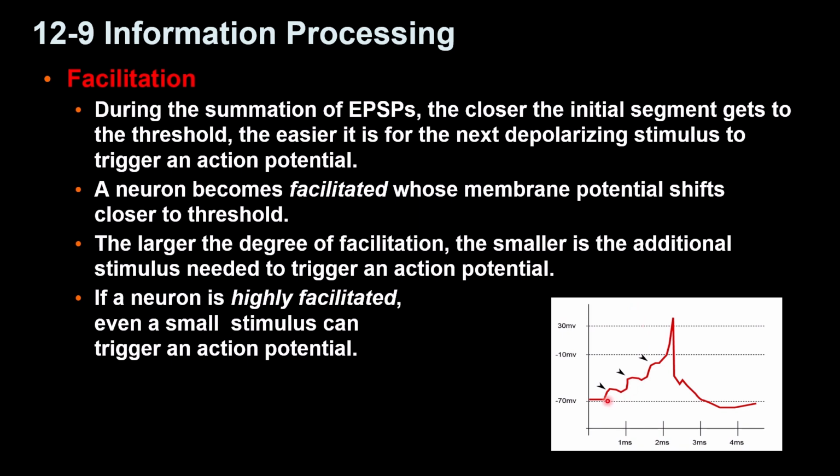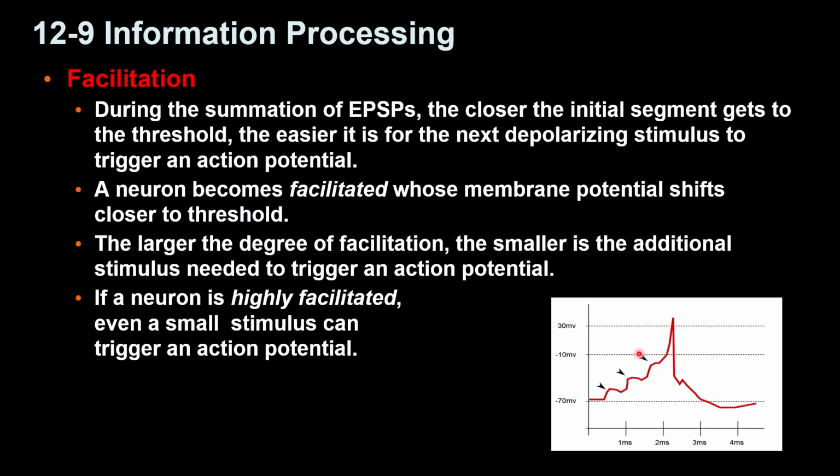Here you get one stimulus, it can cause a depolarization, another stimulus accumulates, another stimulus. This is part of the temporal summation. Once it gets to here, this is called facilitated. It means an increased chance of having an action potential if you have another stimulus.